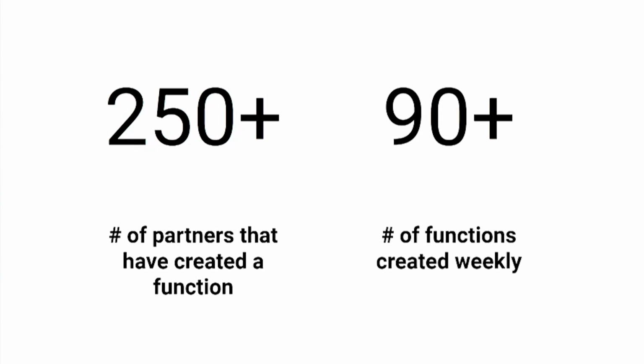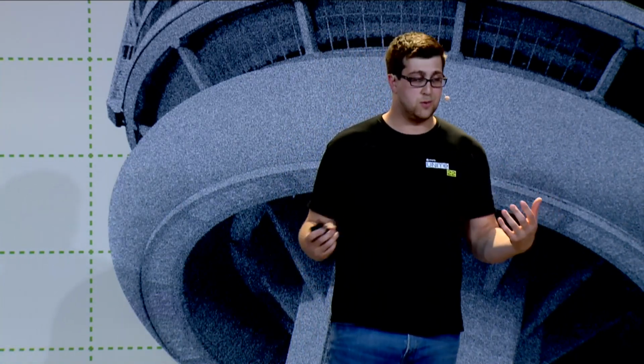And we're seeing about 90 plus functions created every week. And these are very encouraging signs. The percentage change week to week is only growing. And I'm excited to see what kind of functions everyone creates. We're talking to partners every day about what languages they're using and what type of discounts they're creating. And it's all really cool and unique use cases. So I'm very excited to see how this all pans out over the next few months.